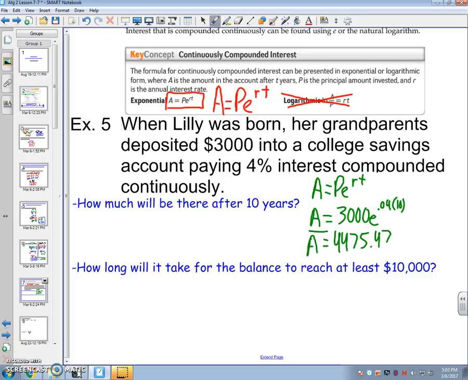So if I put $3,000 away and I wait 10 years, it goes to 4,475, almost 1,500 more, almost a 50% gain. That's not bad.